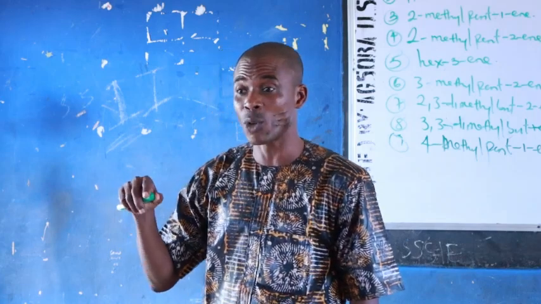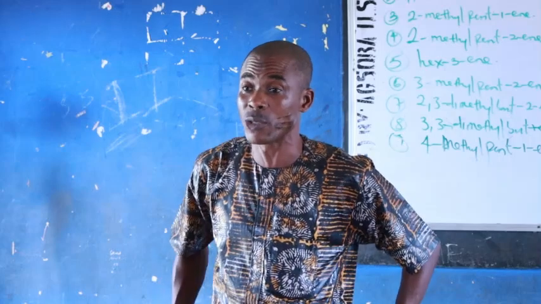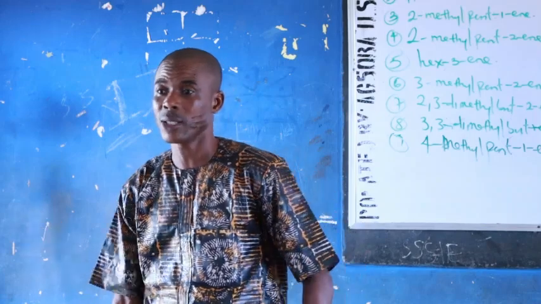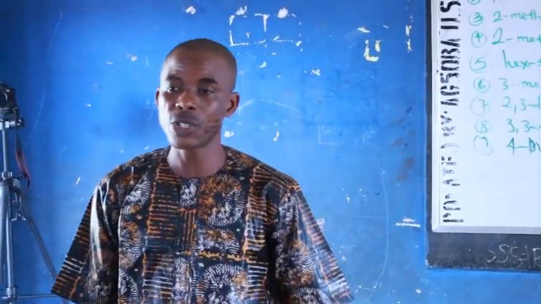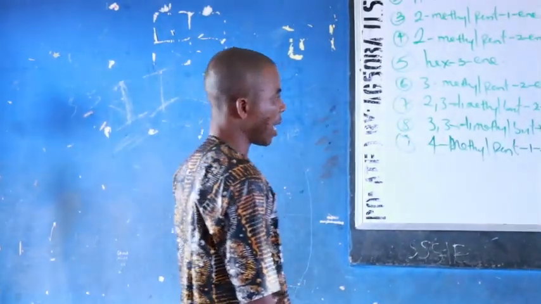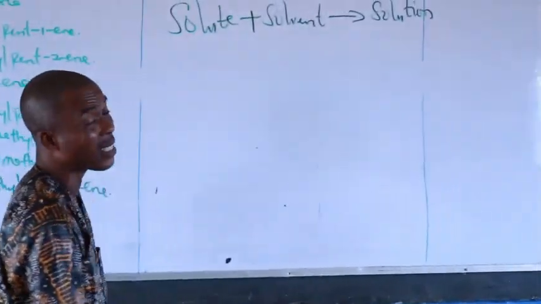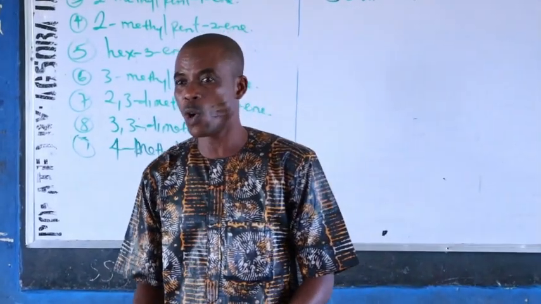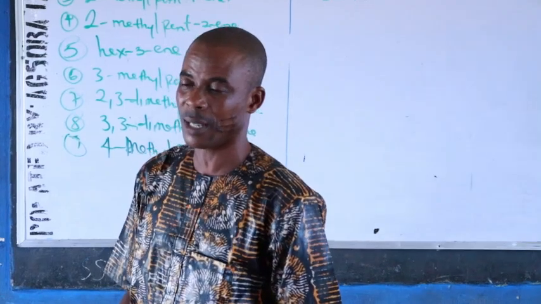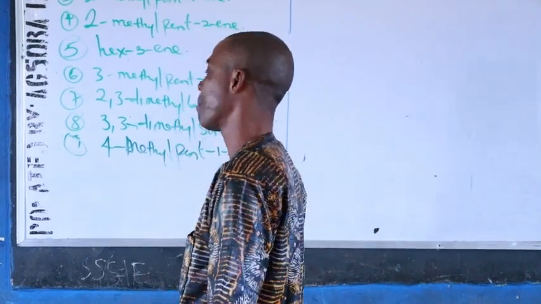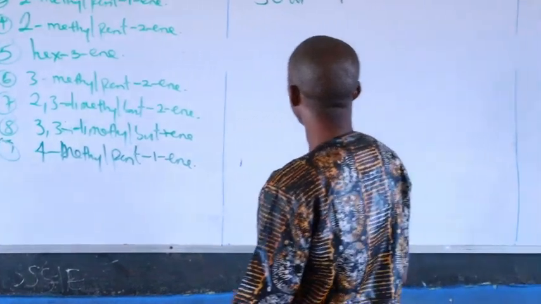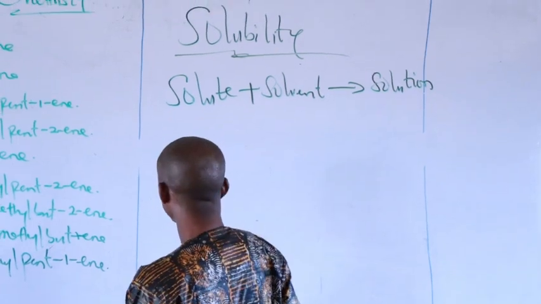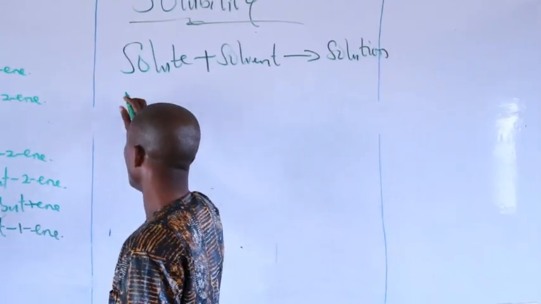Now, the maximum amount of the solute that dissolves in 1 dm³ of a solvent is referred to as solubility at a particular temperature. So you can say solubility of a solute at a given temperature is the maximum amount of the solute that dissolves in 1 dm³ of solvent at that temperature.